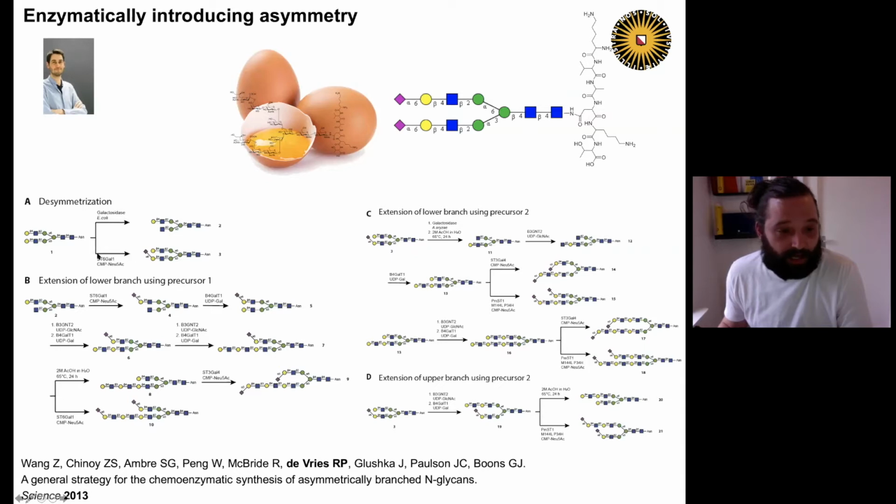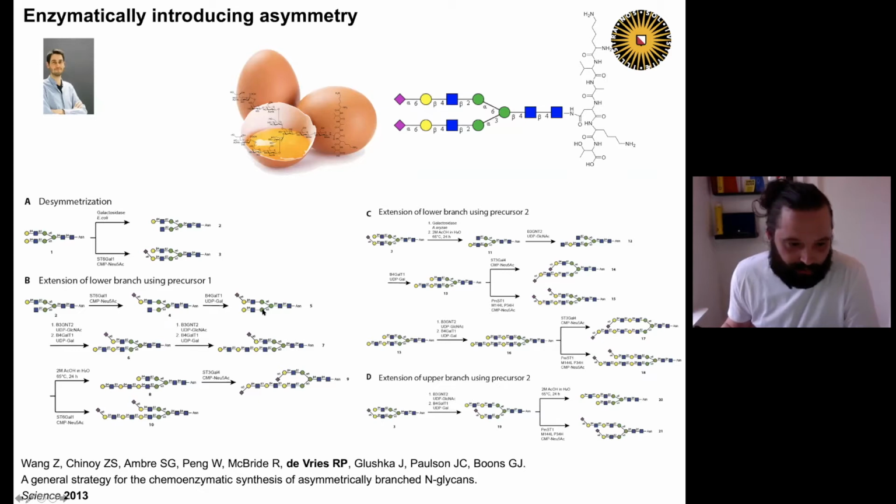And on the other hand, human ST6-Gal1 prefers this lower arm to put a sialic acid, which forms a capping structure there. And if you don't push the reaction, you can purify these structures, and from that you can enzymatically modify these N-glycans at will.